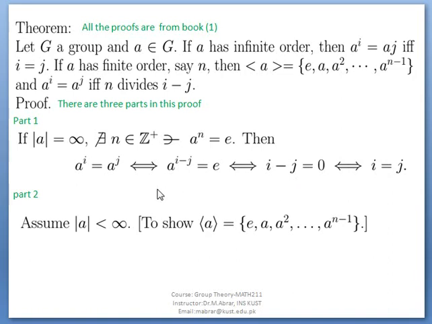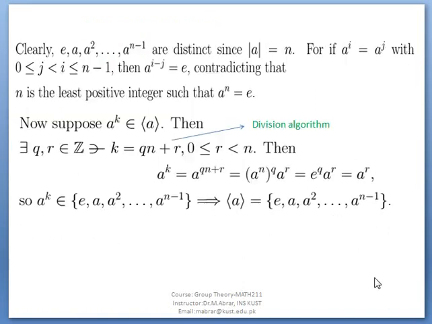In the second part, we have to prove that the group generated by a is actually nothing but the set consisting of the elements e, then a, a squared, and so on up to a^(n-1), with the assumption that a has finite order.